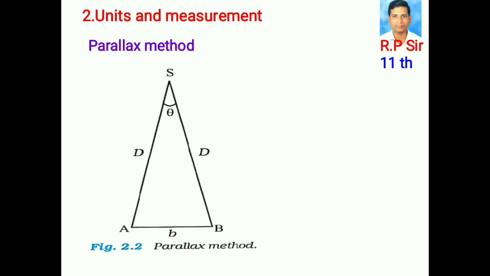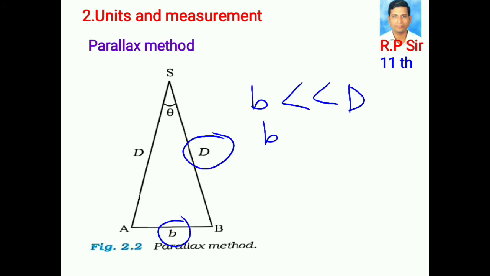Our aim is to measure the large distance, that is capital D, between the pencil and the eye. From the figure, you notice that this small b is very much less than capital D. Therefore, small b by capital D is less than 1.